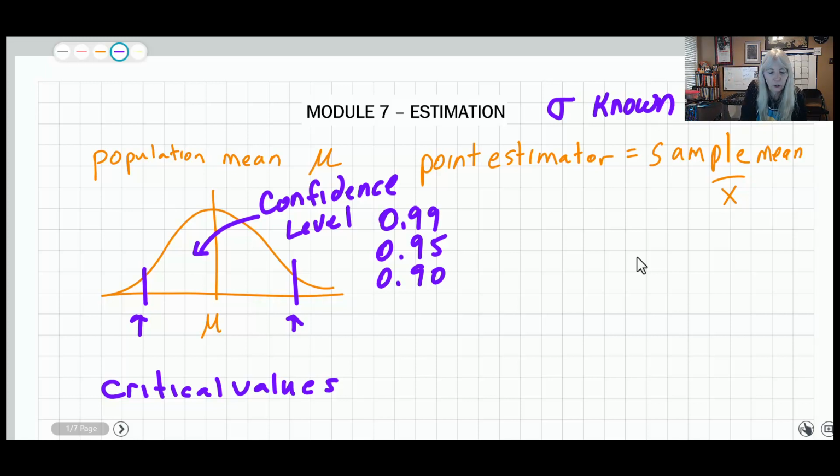Then what we can use here are Z critical values, and this would simply be the negative, and that would be the positive. As we saw with a normal distribution, we can easily find critical values in a Z table. Also, we can use Excel, as I've shown as well.